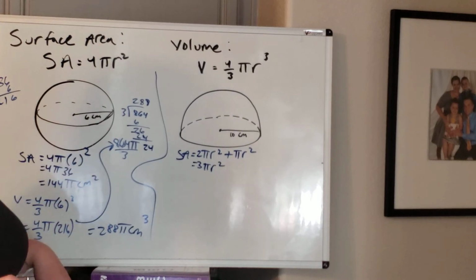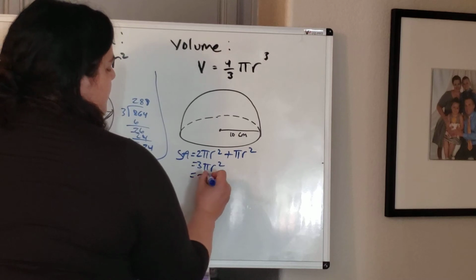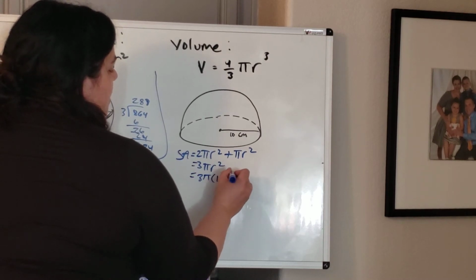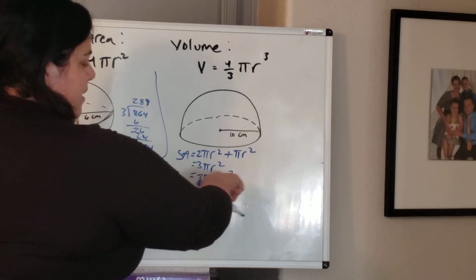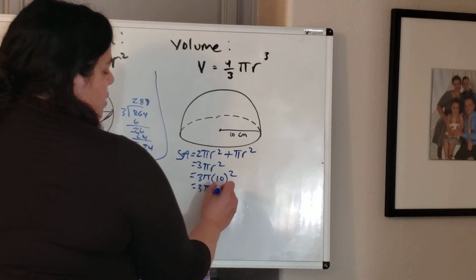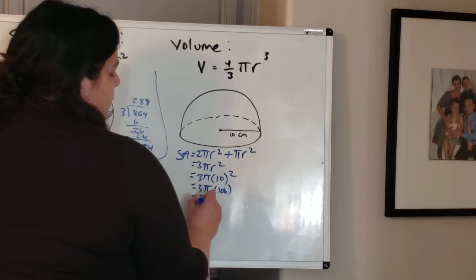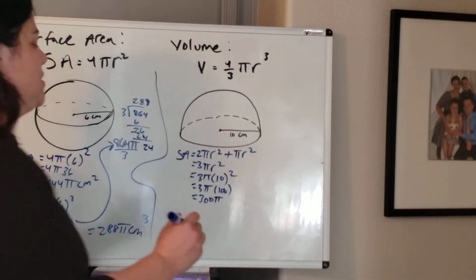Now I just need to plug r in. So r in this case is 10. So I have 3 pi times 10 squared. 10 squared is 100, giving me 300 pi, and again I've got centimeters squared.